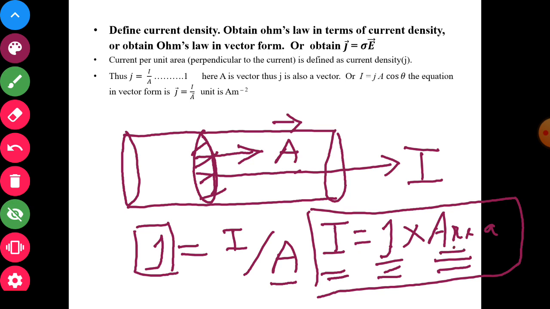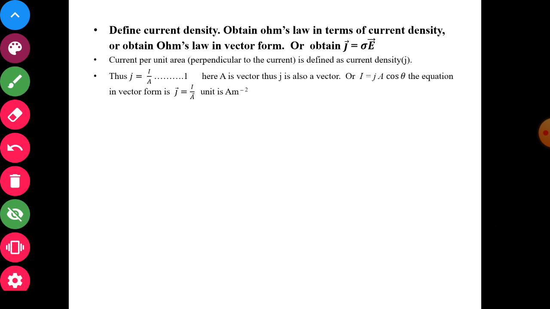Now if both vector quantities are multiplied and give a scalar quantity as the result, then this product must be a scalar product, and therefore we can write I is equal to J A, that is area, sorry, capital A, small a is sometimes written in some textbooks, J A cos theta.